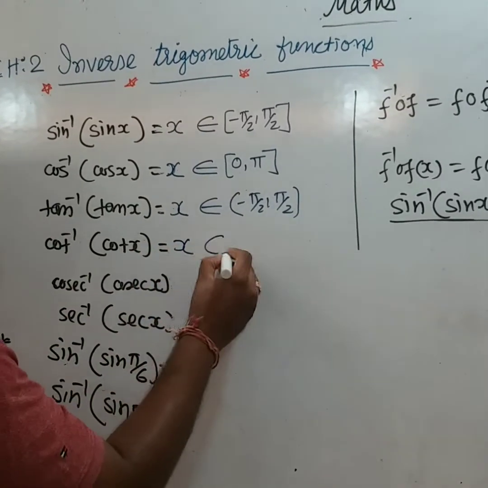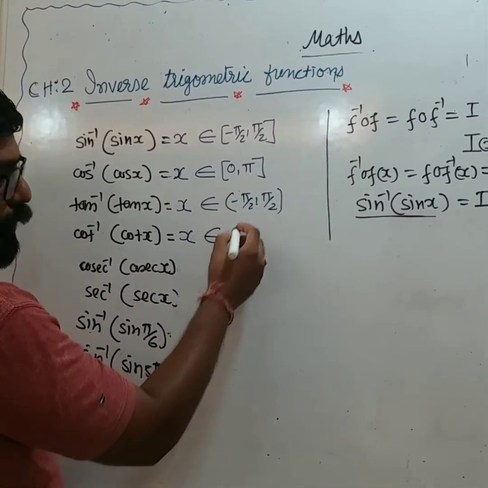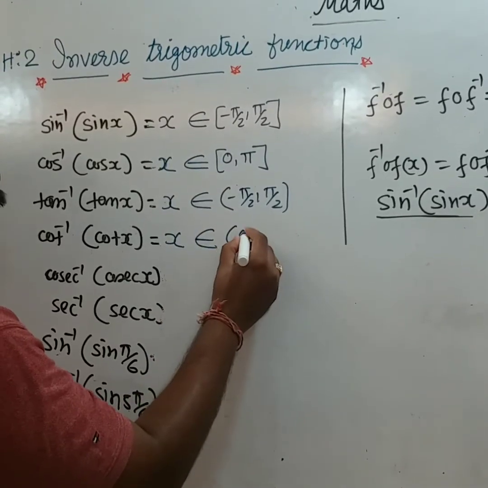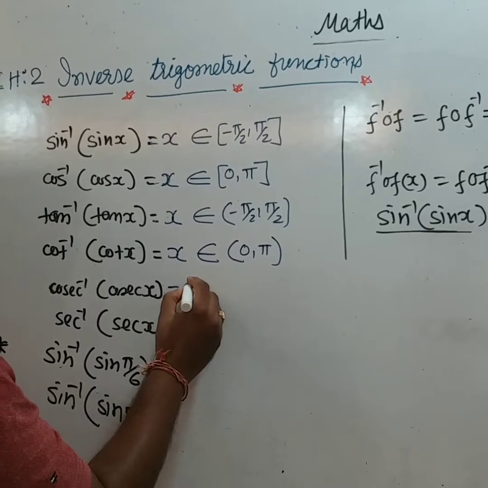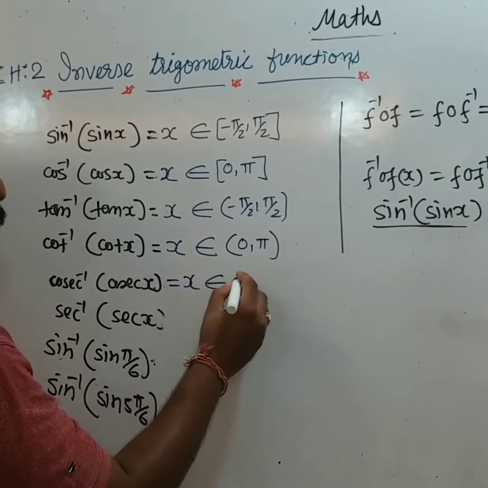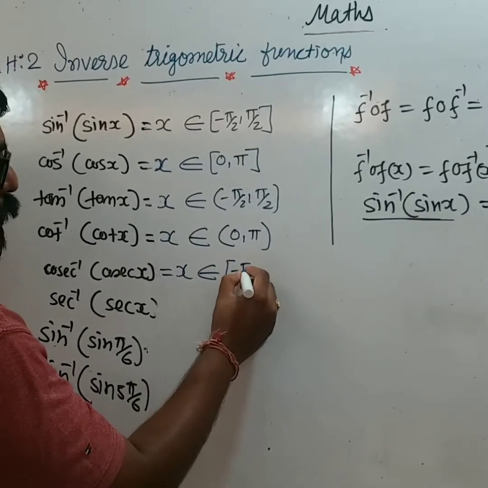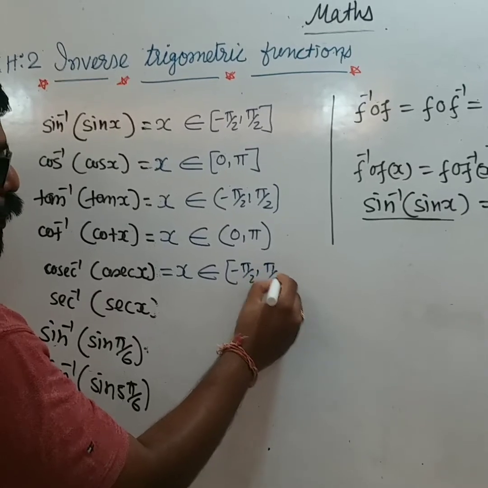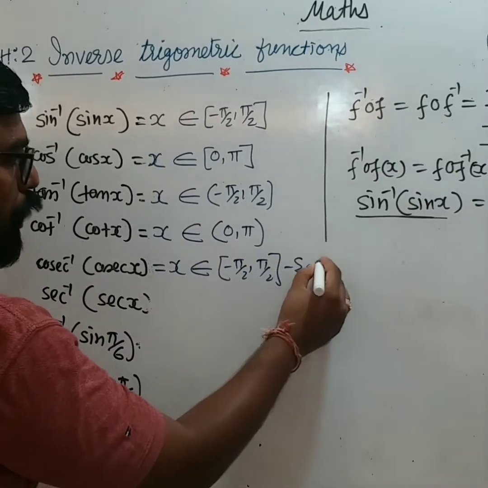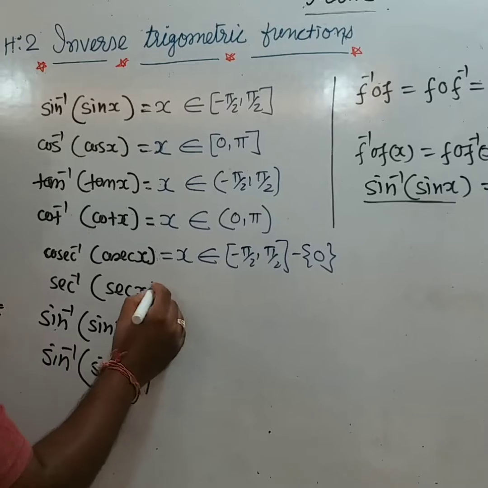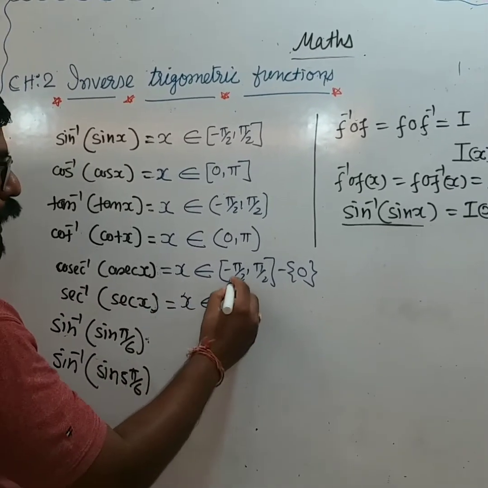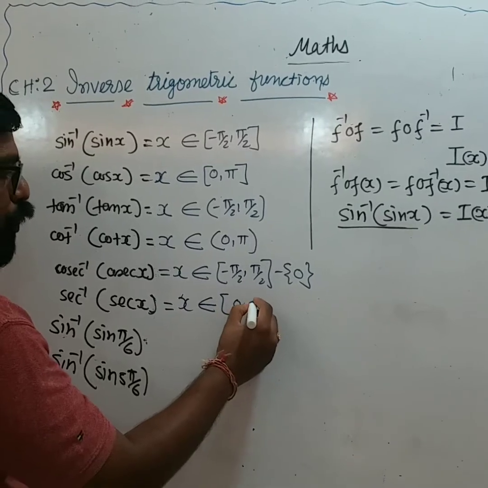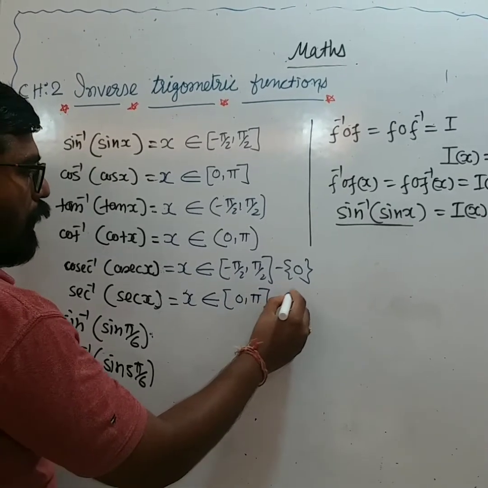Similarly, cot inverse of cot x is x when x is in the open interval 0 to pi, and cosec inverse of cosec x is x when x belongs to minus pi by 2 to pi by 2 minus 0. Similarly, sec inverse of sec x is x when x belongs to 0 to pi minus pi by 2.